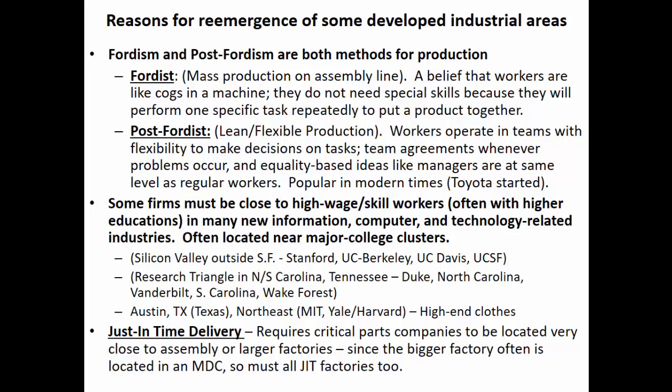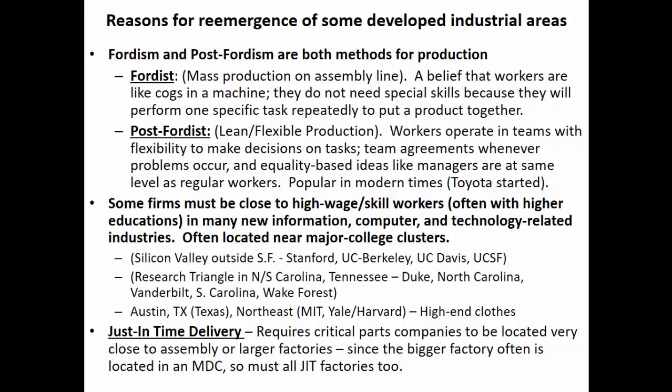And then other good examples are in Texas around Austin because of the University of Texas there. That's a research cluster. And then in the Northeast, MIT, Yale, Harvard. They're making high-end products and high-end clothing using some of the design majors and things coming from that area.